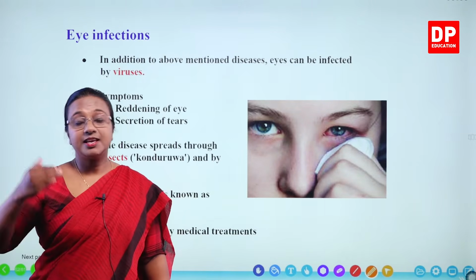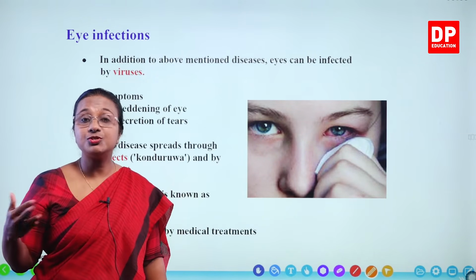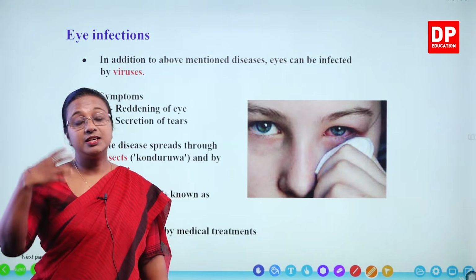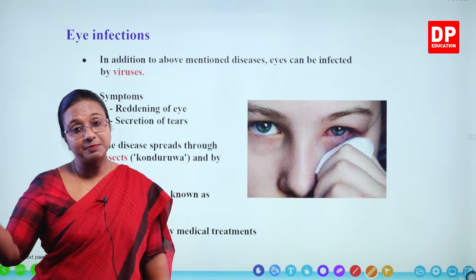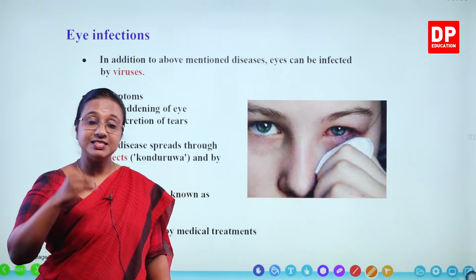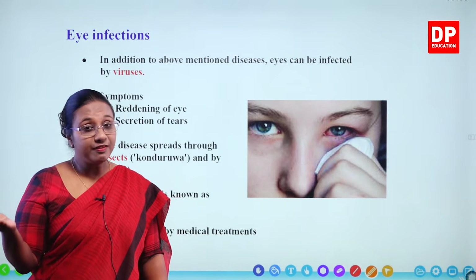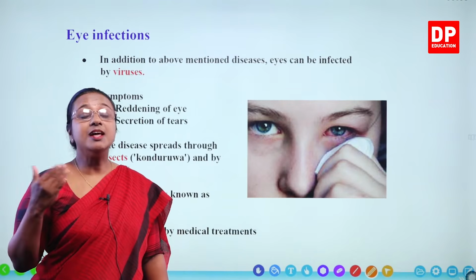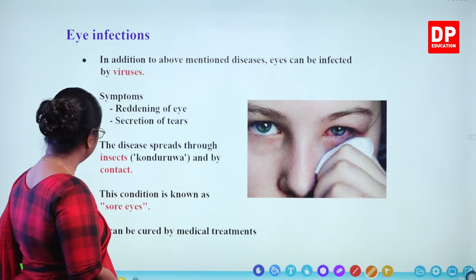Or otherwise, if two people are sitting close to each other, and one person has sore eyes, due to the tears, due to contact, the other person can get it. So this is a very, very contagious disease. It's not dangerous, it's not fatal, but it can be spread very quickly. So you have to be careful.